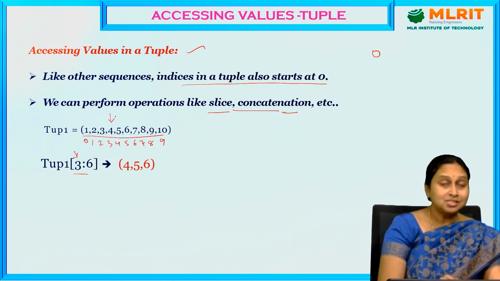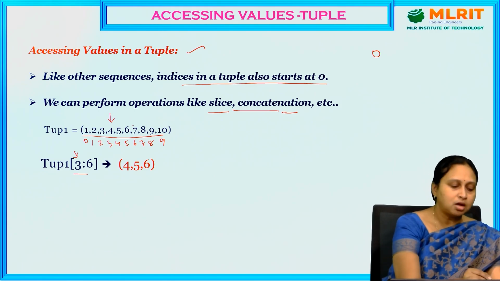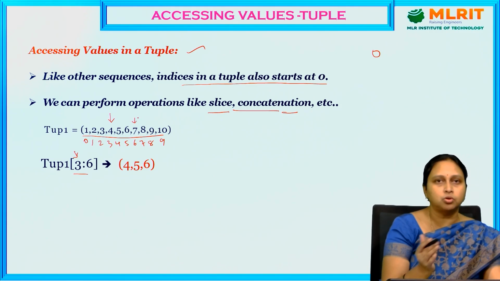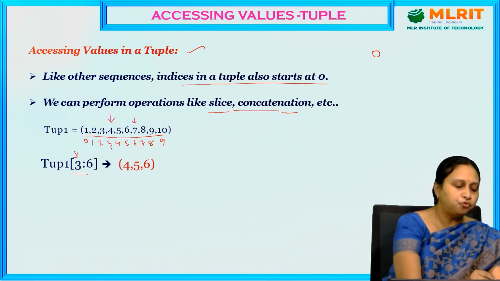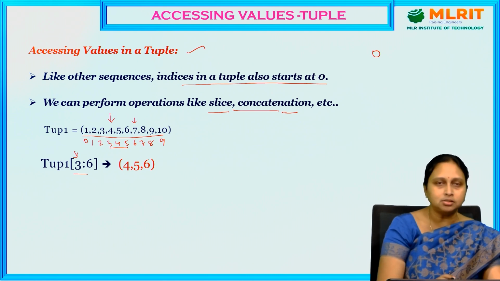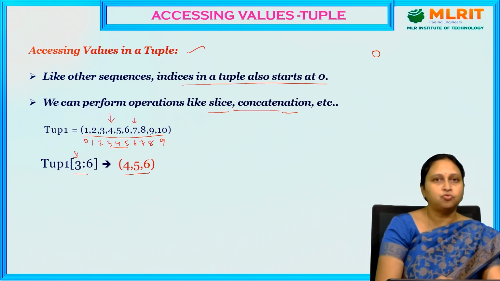And up to 6 is given; 6 means up to here, as we know it excludes the last value. That means up to index 5 it is going to take, that is 3, 4, 5. These are the indices, and the values present at them will be printed. That is, 4, 5, 6 will be printed.